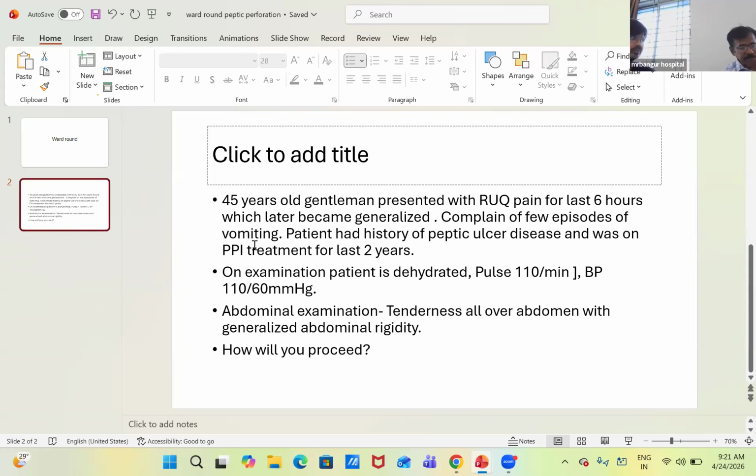So for laparoscopy, patients should be optimally resuscitated, and you can consider doing peptic perforation closure by laparoscopic technique. If you do laparoscopy, you can do a good lavage of the whole peritoneal cavity by putting saline. You can localize the site of perforation and do the same suture technique as you do in open surgery.